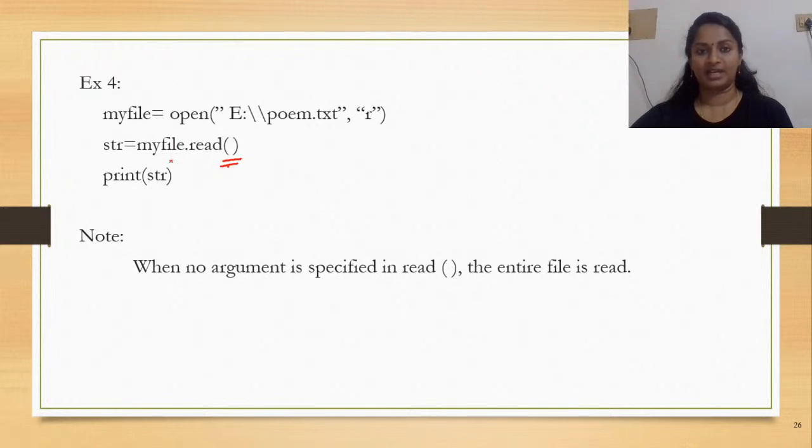You open the file in the read mode and then you read the file. Have you mentioned any value or number of bytes here? No. So what happens? The reading goes from the start till the end of your file. Whatever is read from the file is stored in the variable str, wherein it can be printed on the screen.